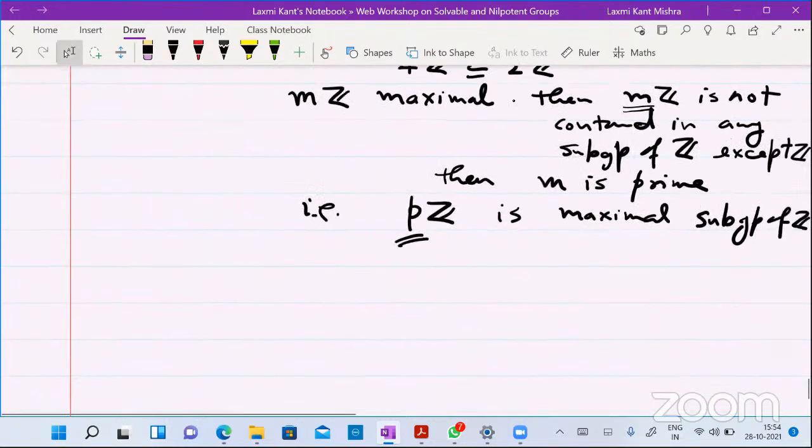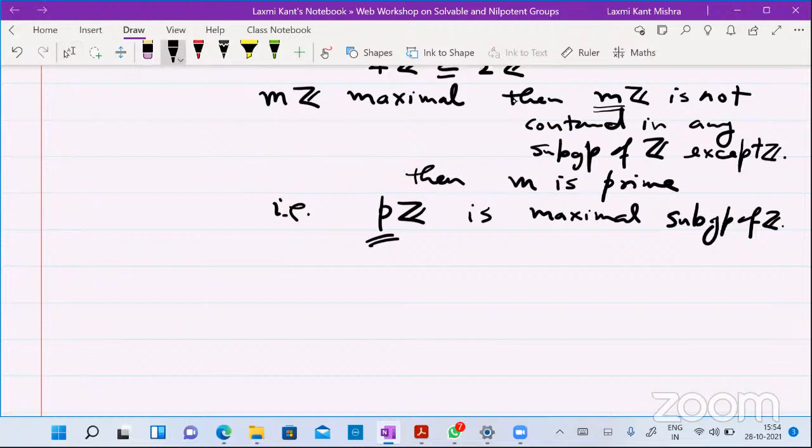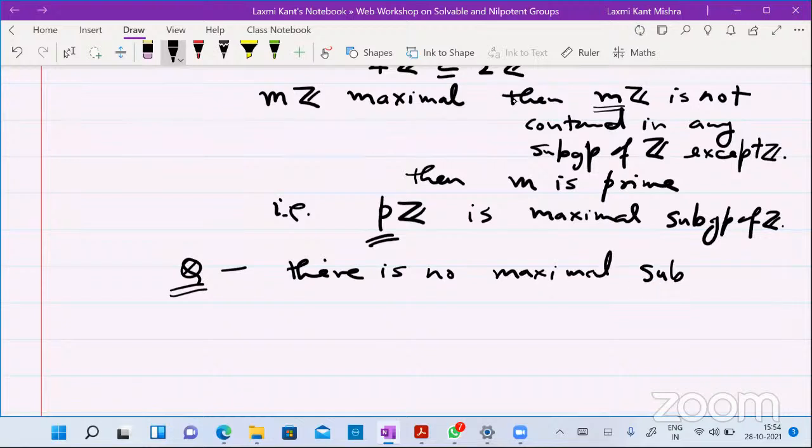So, for example, if I'm taking Q, there is no maximal subgroup in Q. You can check. There is no maximal subgroup.